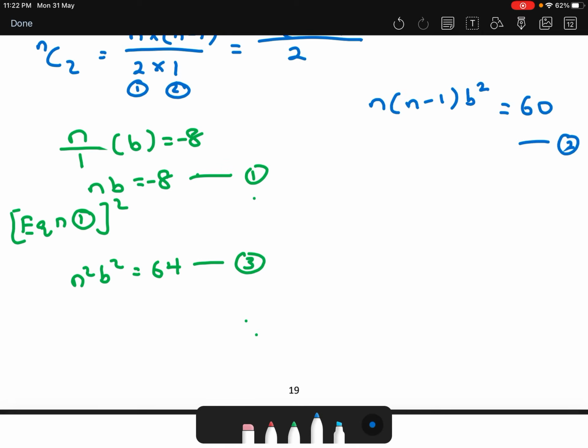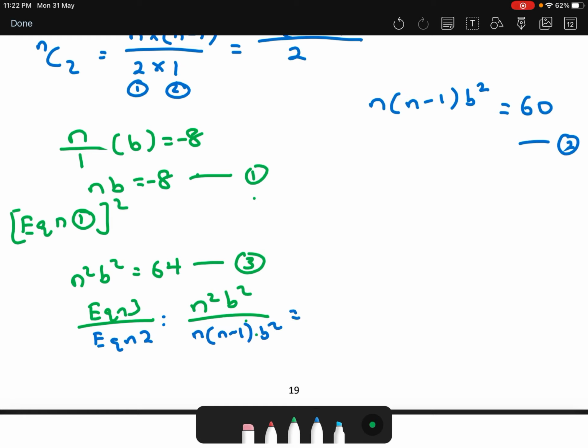Now we use equation 3 divided by equation 2. When I do that, n square b square over n times n minus 1 times b square equals 64 over 60. 64 over 60 simplifies to 16 over 15.